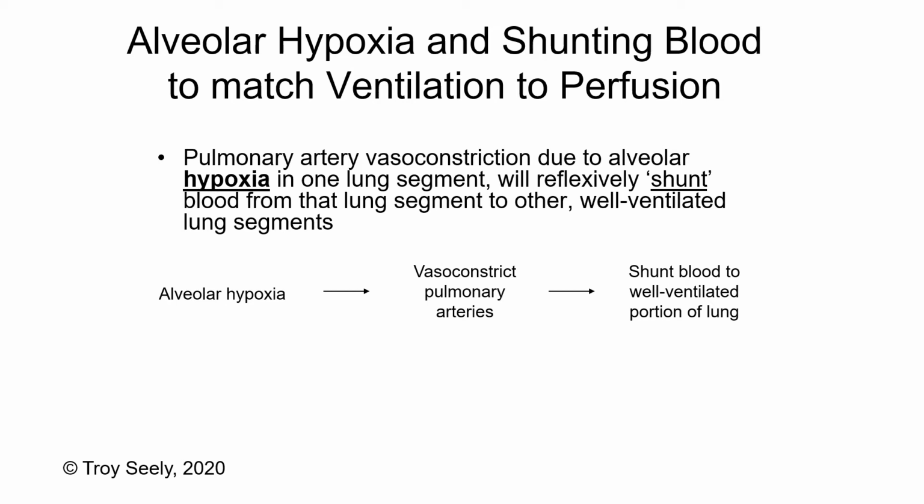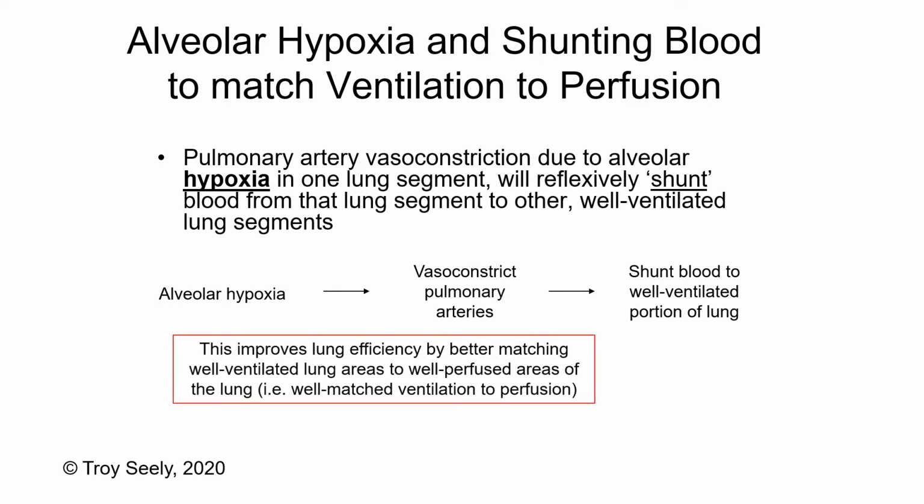There's no purpose in keeping a vasodilated blood flow around a region of the lung if it's not as efficiently providing oxygen. Instead, shift it elsewhere. This improves lung efficiency by better matching well-ventilated lung areas to well-perfused areas of the lung. It's a well-matched ventilation to perfusion ratio.